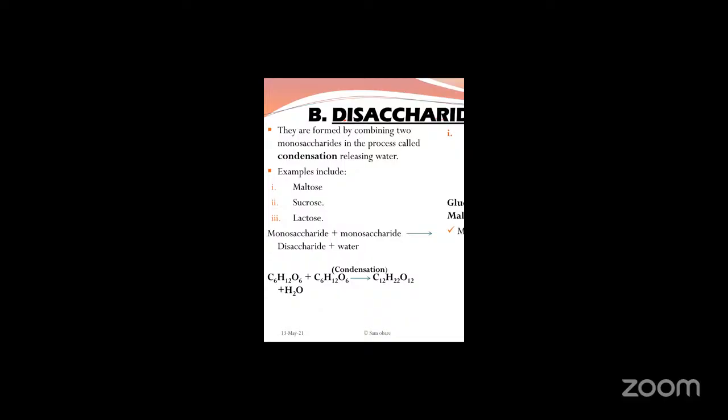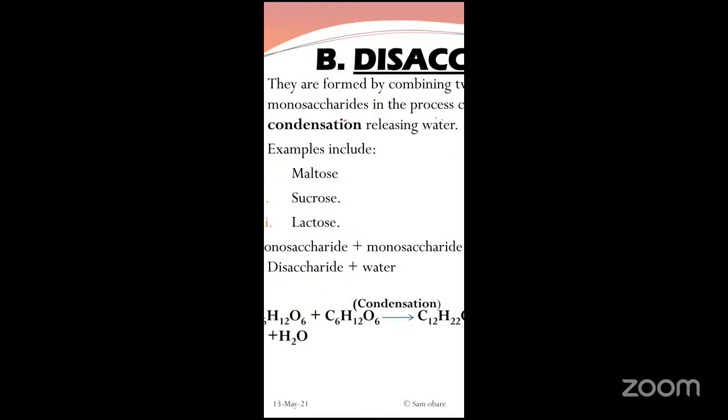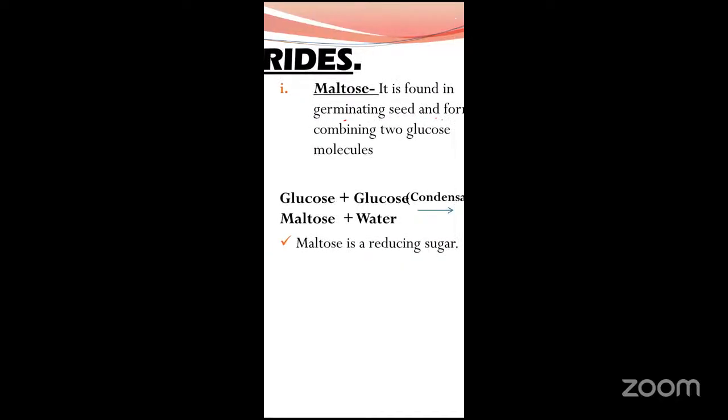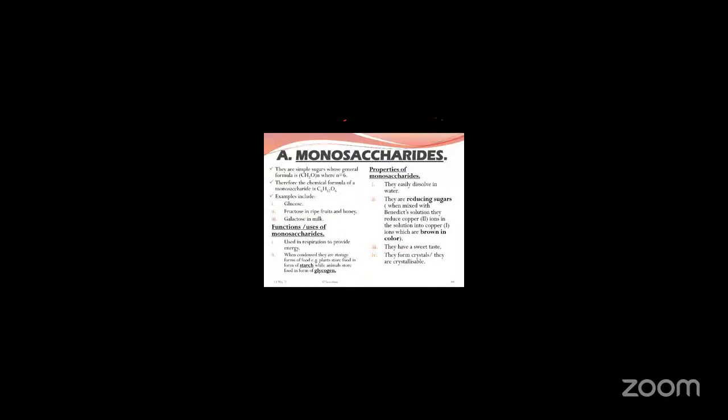So, for example, how is maltose formed? Maltose is formed when you combine two glucose molecules. Remember, earlier we said examples of monosaccharides are what? We have glucose, we have fructose, and we have galactose.